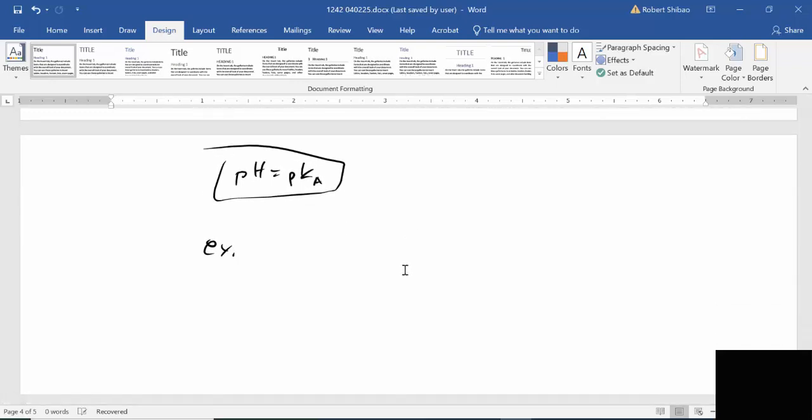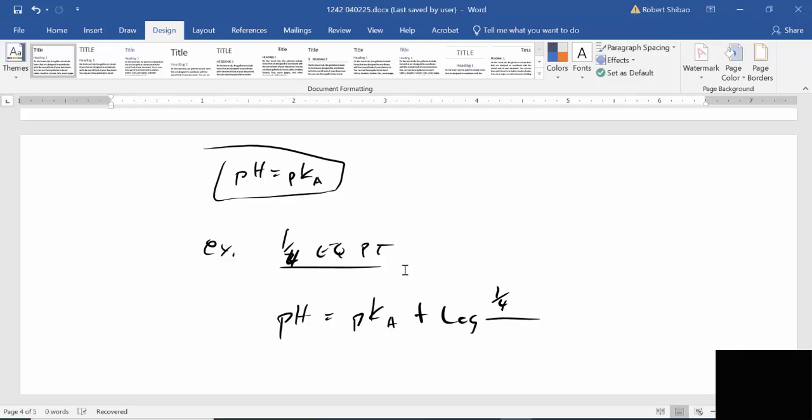The next example is the 1/4 equivalence point. And so I go straight to the Henderson-Hasselbalch. I'm in the buffer region. pH is equal to pKa plus the log. So if I'm at the 1/4 equivalence point, I've converted 1/4 of my acid into base. And so I have 1/4 base, and then I had 4/4, and I've neutralized 1/4. So how much do I have remaining? I only have 3/4 remaining.